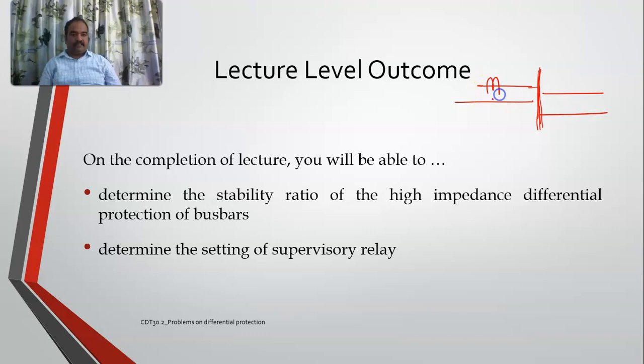And CTs, what we call as current transformers, are provided at regular intervals in order to measure the current which is flowing in your feeders. And the summation of all these CT currents is the current of your bus bar.